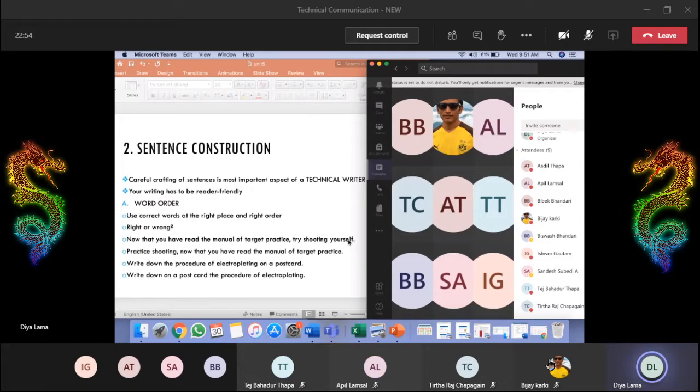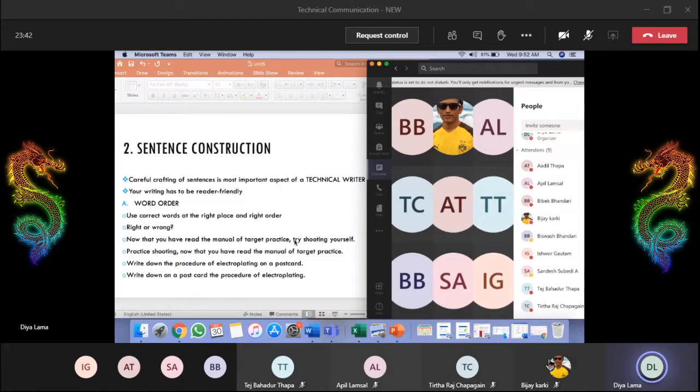जबकि यो सेकेन्डमा practice shooting now that you have read the manual of the target practice, so अब चाहिँ उसले राइट लेखेछ. कसरी त? Practice shooting भनेपछि तिमीले के बुझ्छौ त? अब मलाई शूट गर्ने चाहिँ प्र्याक्टिस गर भनेको हो भनेर बुझ्यौ हैन.